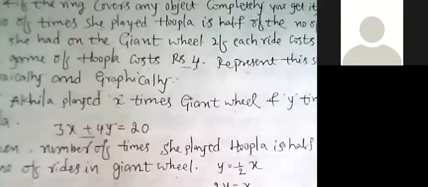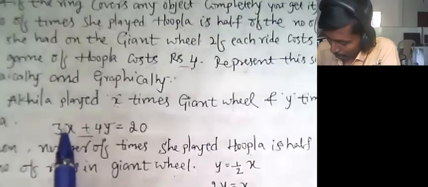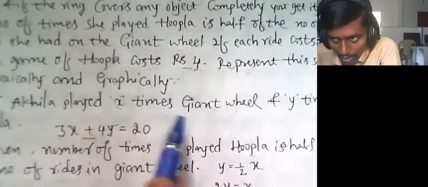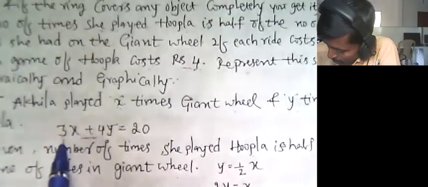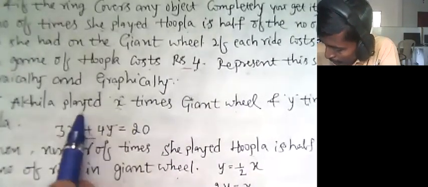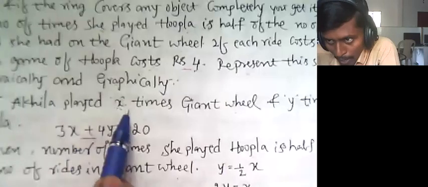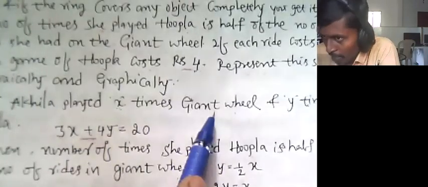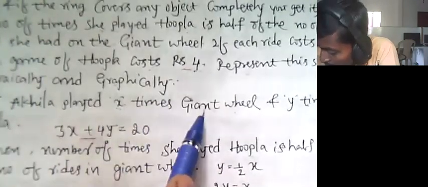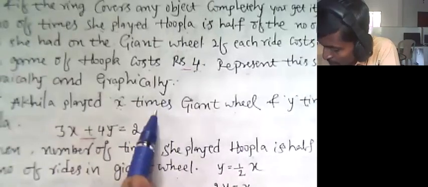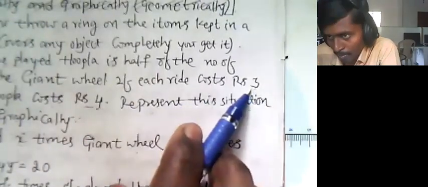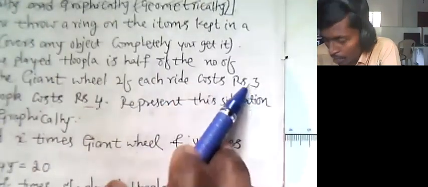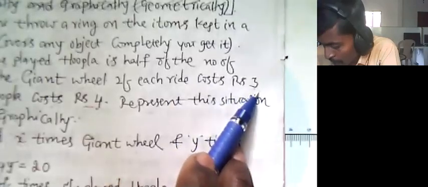Okay. See this. Here I am going to construct algebraic equations. I am taking Akila played X times giant wheel, but they are given that each ride of a giant wheel costs rupees 3.